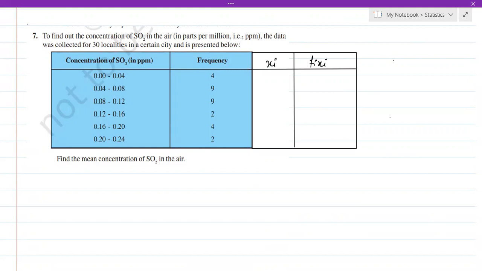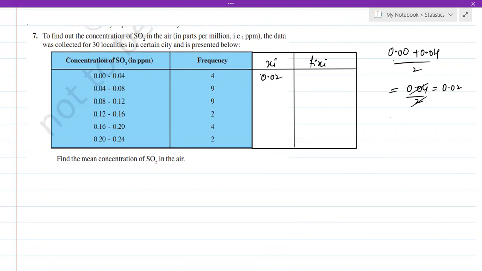What is xi? The middle value. So 0.00 and 0.04. What is the middle value? It is actually 0.02. If you don't get it, just add it. 0.00 plus 0.04 divided by 2. You get 0.04 if you add it, and divide by 2, you get 0.02. That will be the middle value. So the first one will be 0.02.